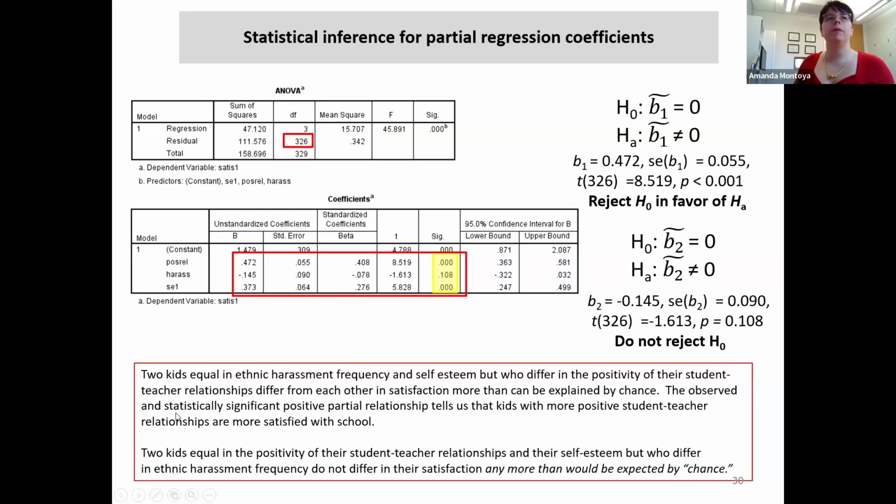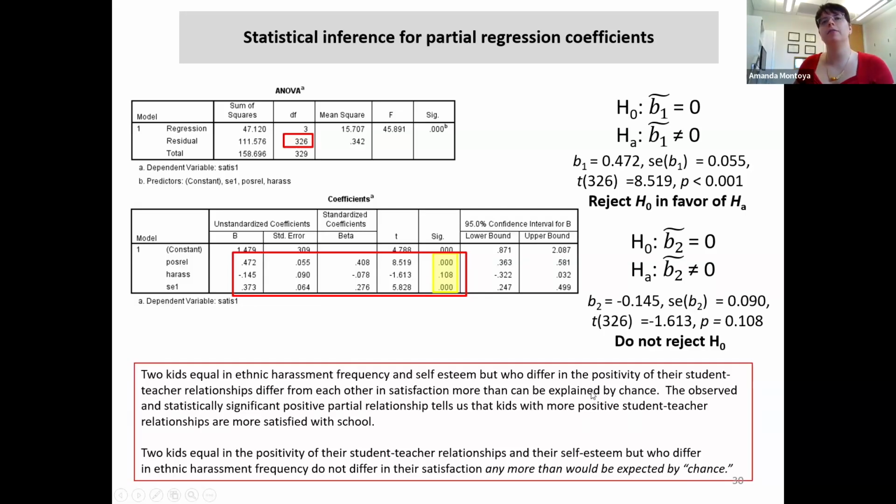So based on this, we would make some inferential statements like this, where we might say 2 kids equal in ethnic harassment frequency and self-esteem, but who differ in the positivity of their student-teacher relationships, differ from each other in satisfaction more than can be explained by chance, right?